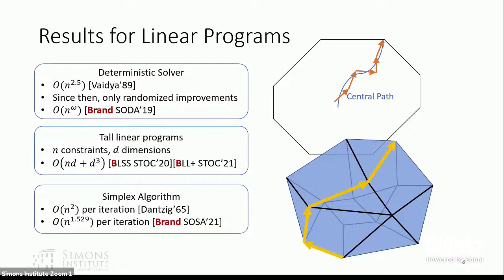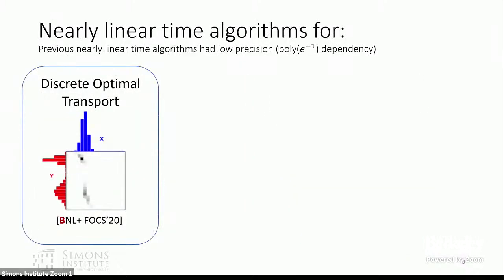Okay. So now these are all results for linear programs. Obviously, you can use them to solve other problems. So something like discrete optimal transport. Using these results for linear programs, we get a nearly linear time algorithm for that.